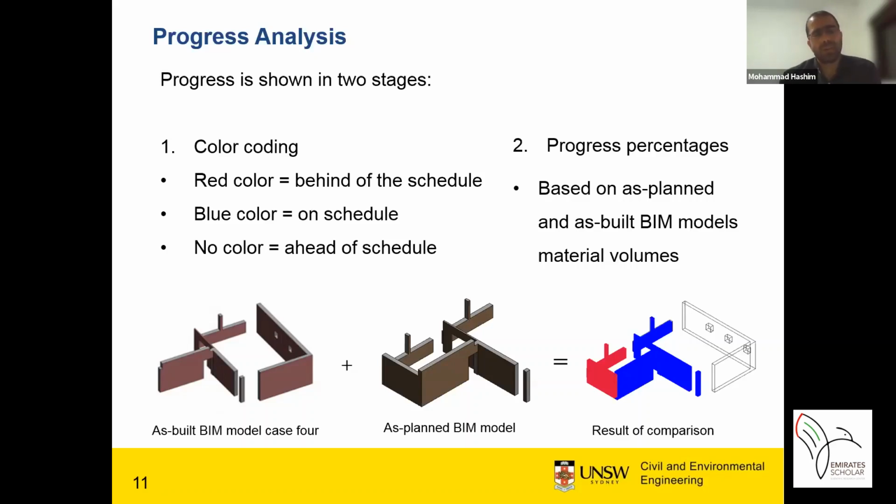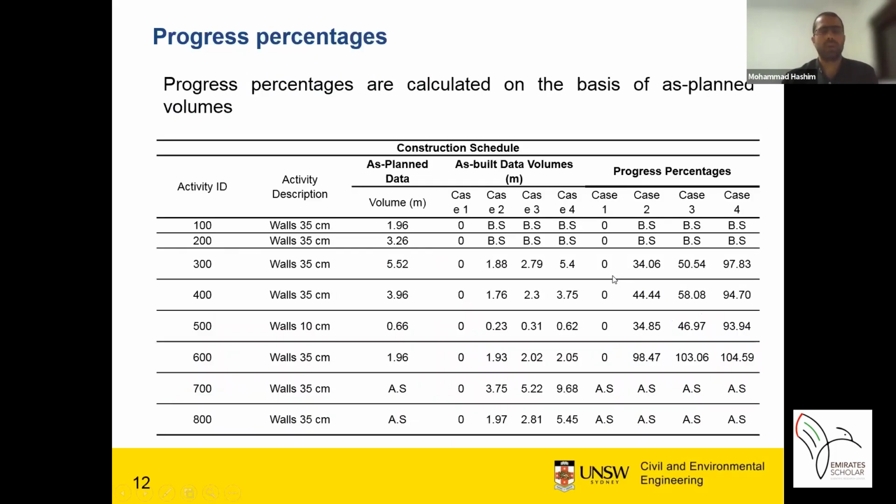For understanding the progress in terms of percentage, we used Python and Dynamo. We have the volume of these elements, and we compared the volumes and calculated the progress percentage for all these walls. As you see here, we have the activity for the walls, and also we have the activity description.